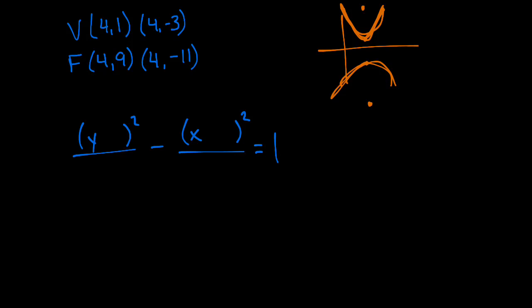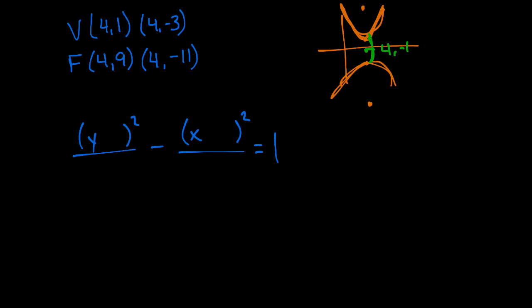So let's find the center. The center is going to be halfway between our vertices at (4, 1) and (4, -3). Well, from 1 to -3, that's a distance of 4. So halfway between that would just be 2 units. So it looks like our center is at (4, -1).